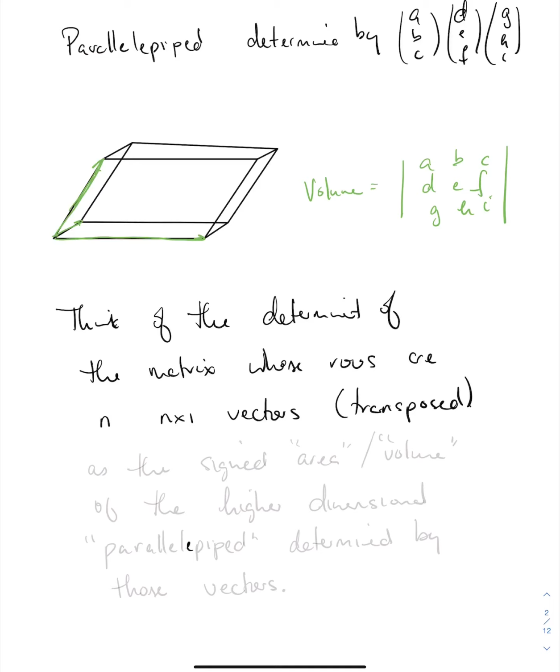Think of this determinant as the signed area if you're in 2D, volume if you're in 3D, or the n-dimensional volume if you're in higher dimensions. Think of it as the signed area or volume of the higher dimensional parallelepiped determined by those vectors.